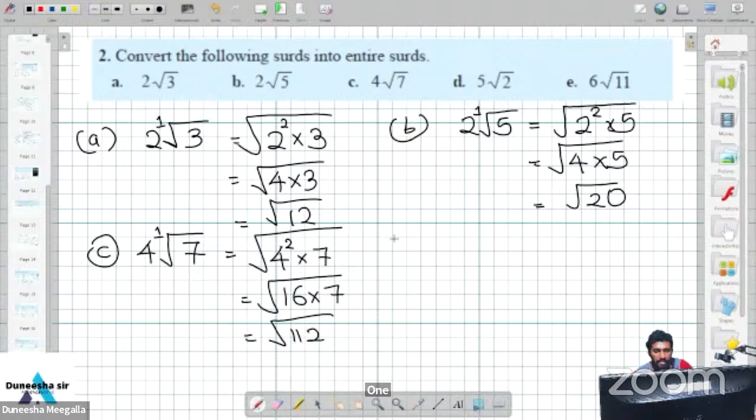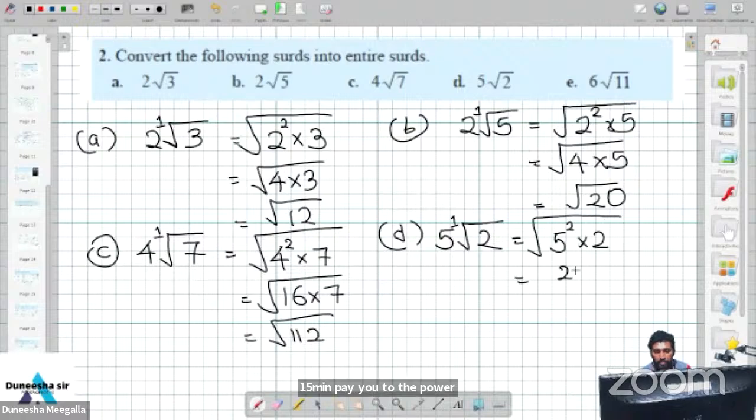D වලට මොකද වෙන්නේ? D, 5 into root 2. It's 50. 50 නේද? 5 to the power 2, 25 multiplied by 2.